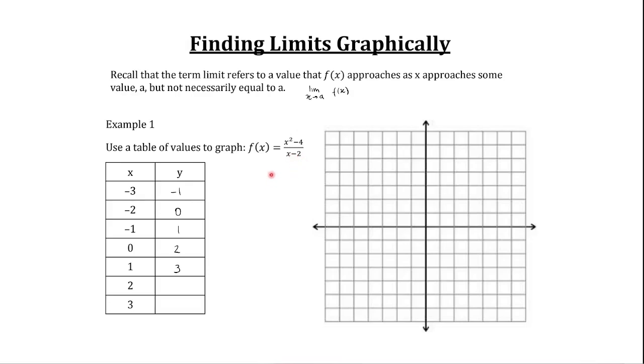And then at 2, this is where we have our issue, right? Which is also what we saw in our previous video. We are going to end up with 0 over 0, which we know is undefined, right? And then at 3, we have a value of 5. And so we're all good again. So clearly the issue here is at 2, right?